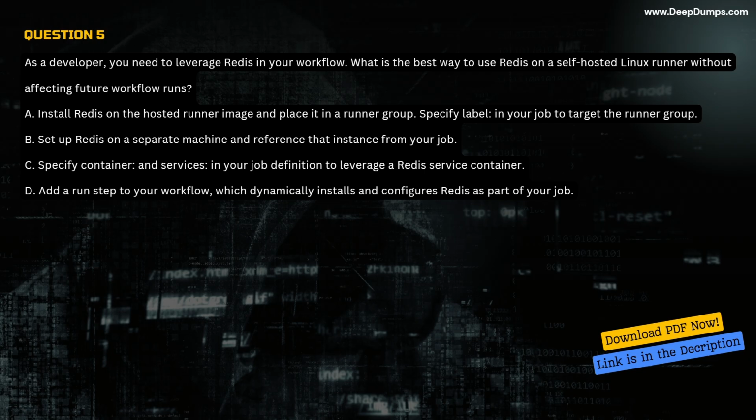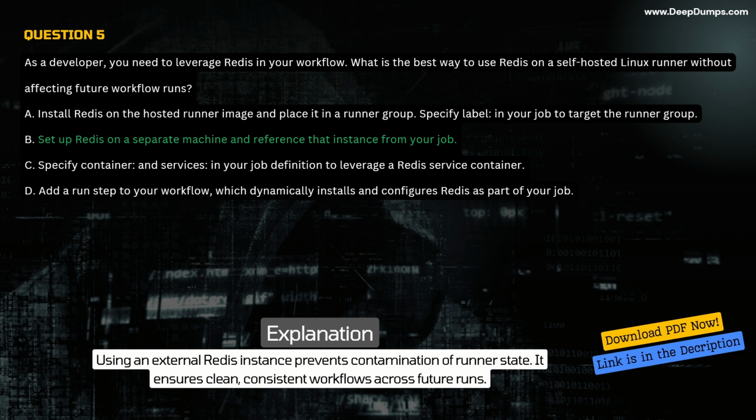C. Specify container and services in your job definition to leverage a Redis service container. D. Add a run step to your workflow, which dynamically installs and configures Redis as part of your job. Correct answer B. Set up Redis on a separate machine and reference that instance from your job. Explanation: using an external Redis instance prevents contamination of runner state. It ensures clean, consistent workflows across future runs.